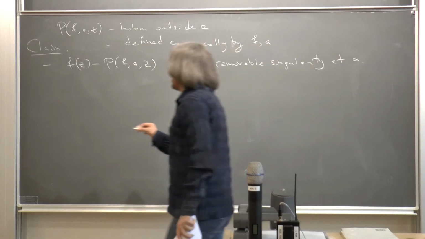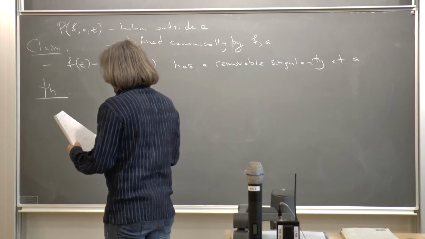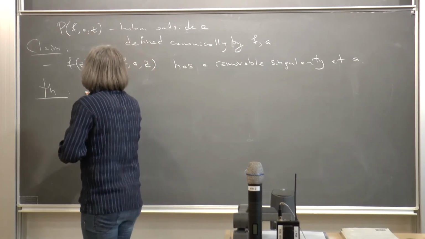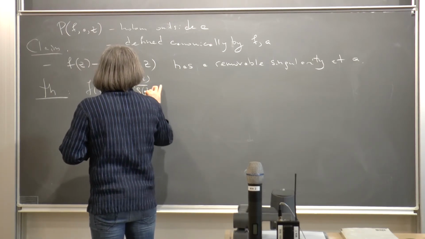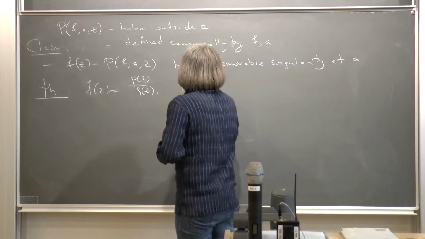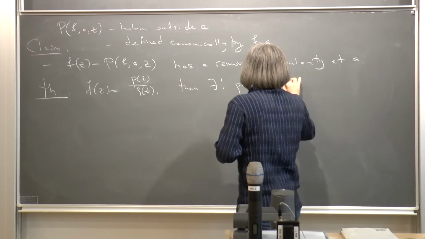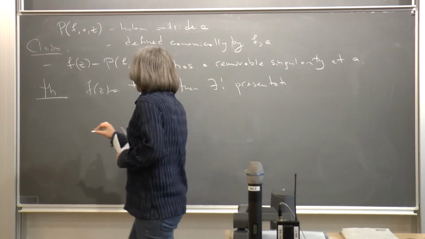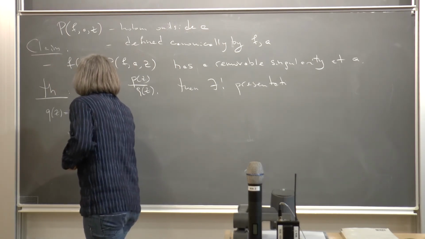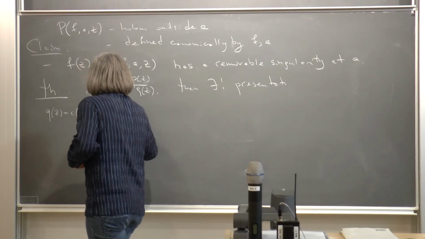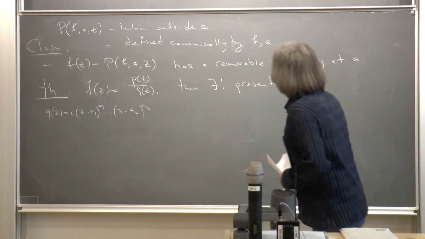Now the theorem, which I will do my best to prove in the remaining time. Let f of z be a rational function. Then there exists a unique presentation, where q of z is some constant times (z minus a1)^m1 ... (z minus ak)^mk, as before.